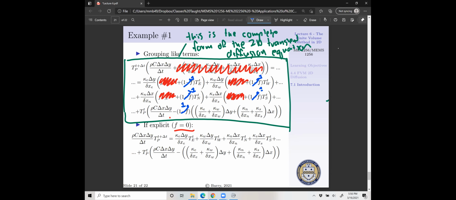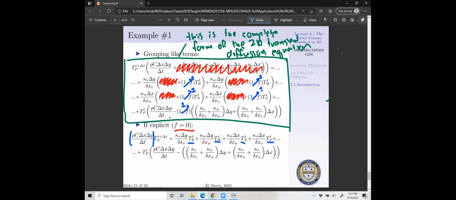And what we're left with is we'd have rho c delta x delta y per delta t being the leading coefficient for the conserved quantity at the center of the cell we want at our iteration level t plus delta t. And what we see is this is k east delta y per delta x east times T east at our previous iteration level, plus k west delta y per delta x west, T west at a previous iteration level, k north delta x per delta x north, T north at a previous iteration level, plus k south delta x per delta x south, T south at a previous iteration level.